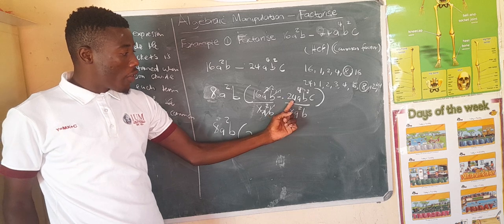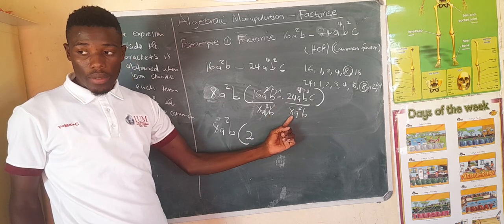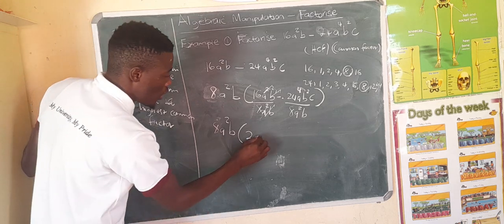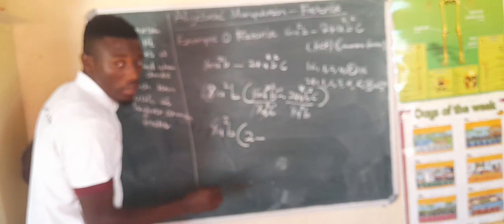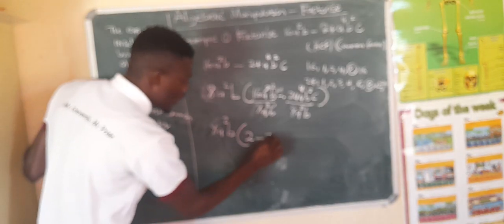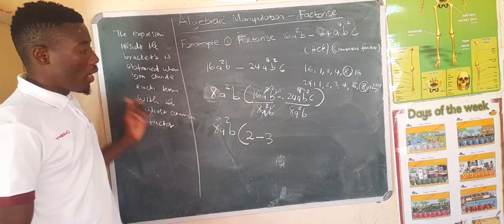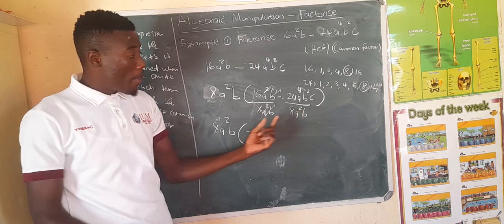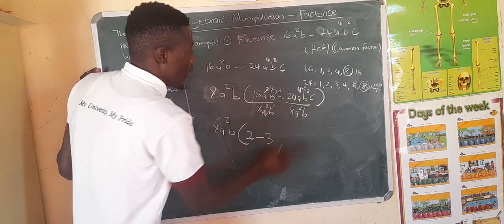Now, we go to this one. Negative 24 divided by 8, we get negative 3. Then we go to the variables. a to the power 4 divided by a to the power 2. Remember, we are subtracting the exponents.